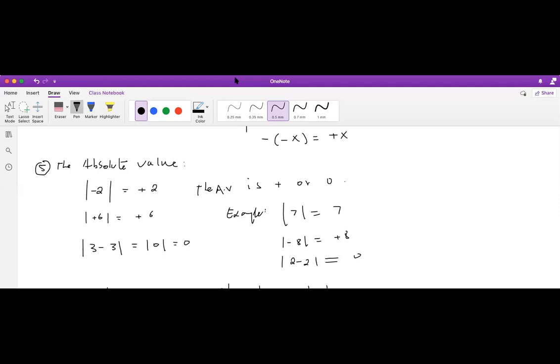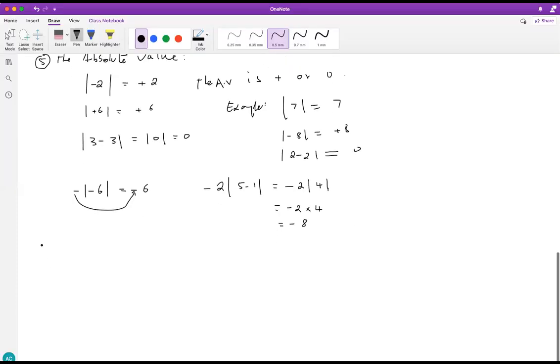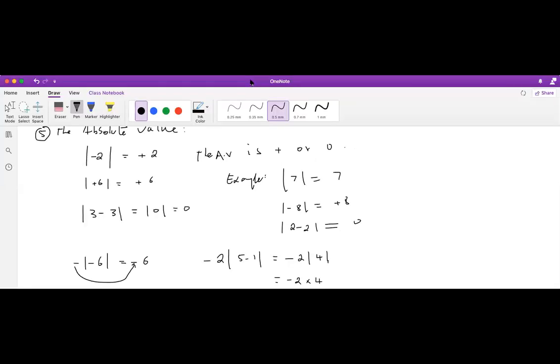Okay, so let's call this maybe number 6, addition and subtraction of real numbers. We're going to see what we call the signed numbers. Another way of saying this is the signed numbers.